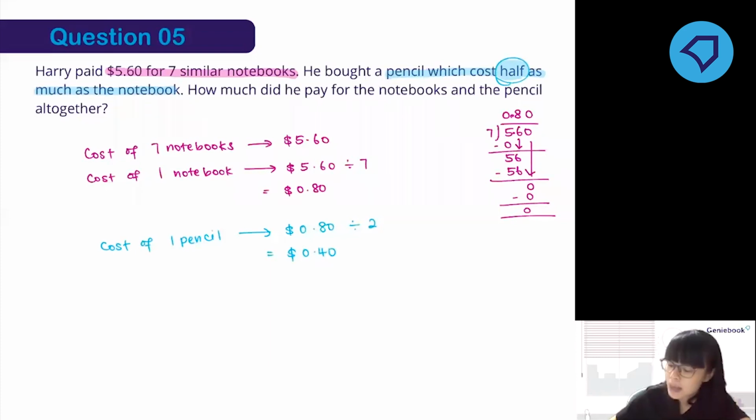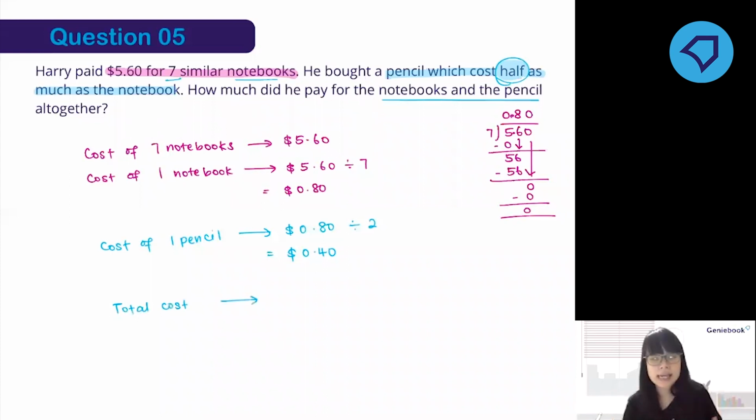How much did he pay for the notebooks and the pencil? Remember, he bought 7 notebooks and he bought 1 pencil. So total cost of items, you don't have to take 80 cents times 7 again because this one is already given to you. $5.60 is the cost of 7 notebooks.